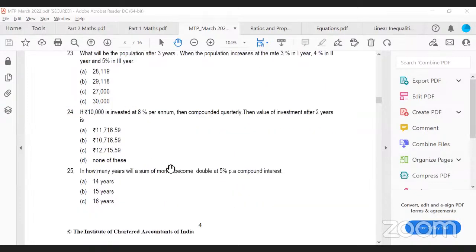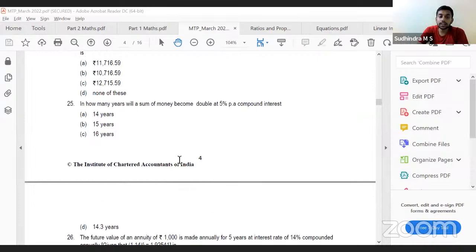Yes. Next, in how many years will a sum of money become double at 5% compound interest? 14.3.